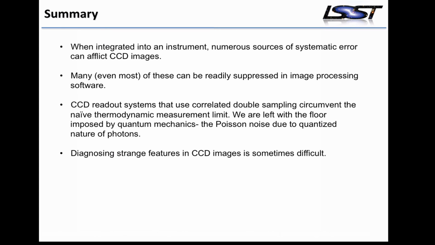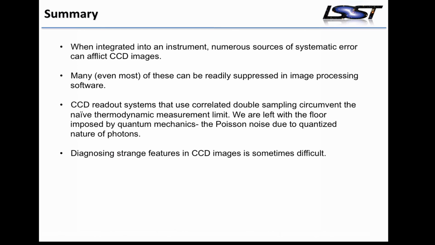So to wrap up this module, we've gone over the potential sources of systematic error that can afflict CCD images after they're integrated into an astronomical instrument. Many, and in fact most of these, can be suppressed in image processing software downstream.